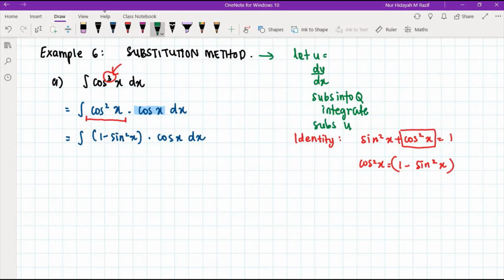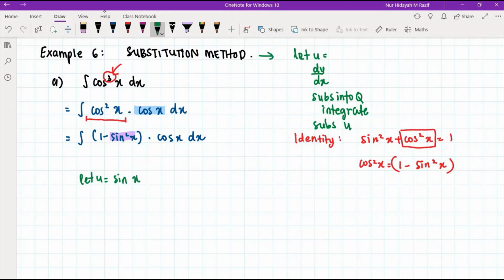After we have changed using the identity formula, we are going to choose which one we are going to let as u. What we have here is 1 minus sine square x, and I'm going to take the one I highlighted in purple, without the power, as my u. Let u is equal to sine x.